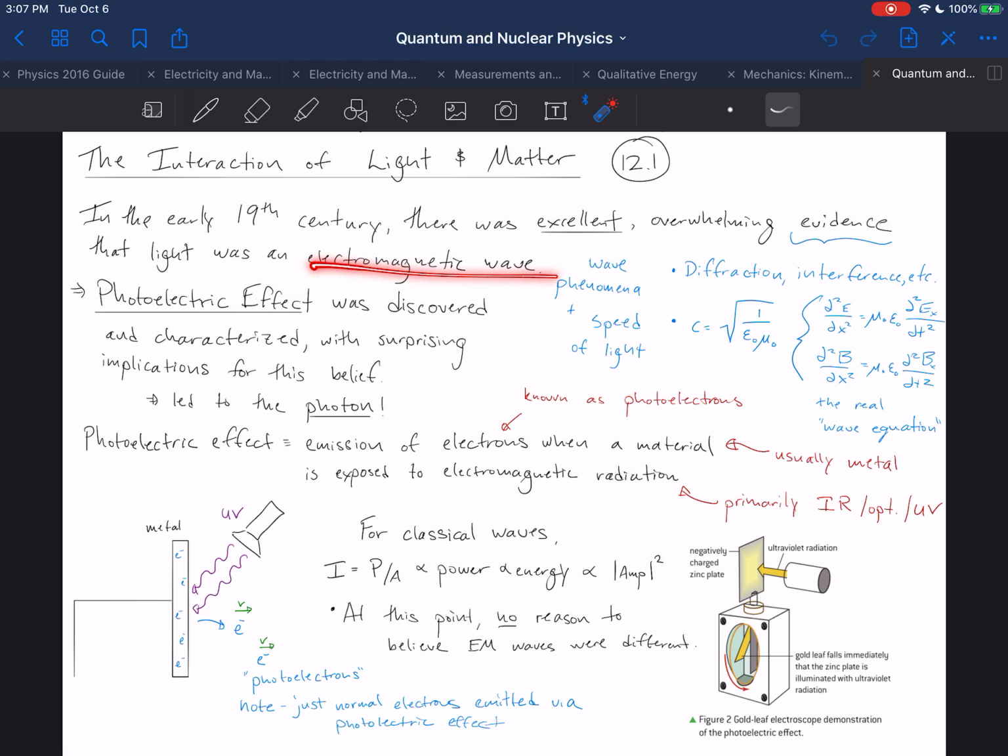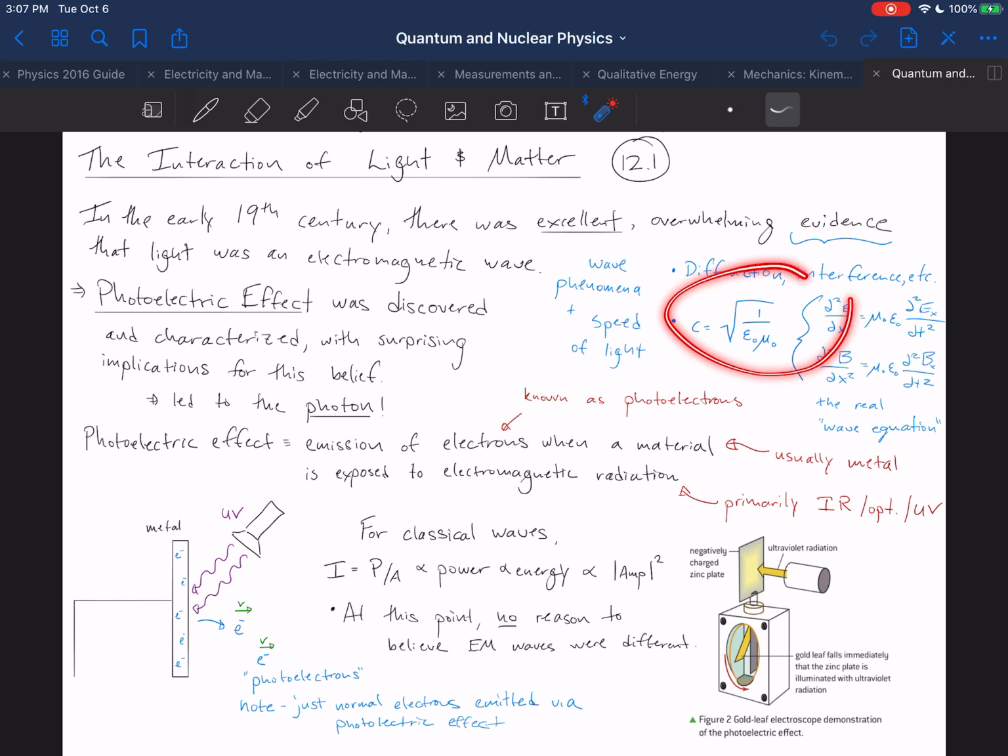I can't overstate this evidence. In addition to the wave phenomena that we've already seen, diffraction, interference, etc., there was another piece of unbelievably convincing evidence, discovered in the late 18th century.